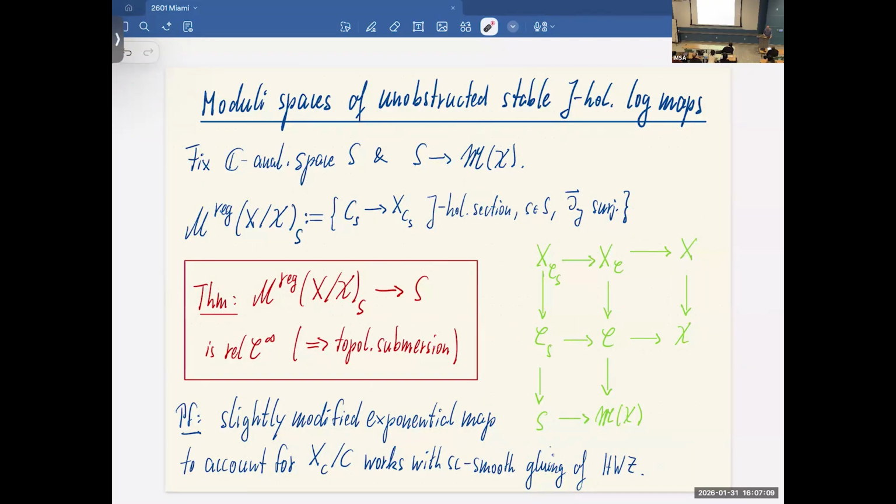So I have this M of, this is what I had before. I pull back to S, then I get this diagram, right? And I'm now looking at fiberwise sections of this guy. So take fibers of this over here, and then I look at sections here. Then the only difference to what's written is we need a slightly modified exponential map to take account of the fact that we now deal with a smooth family over a family of nodal domains, okay?